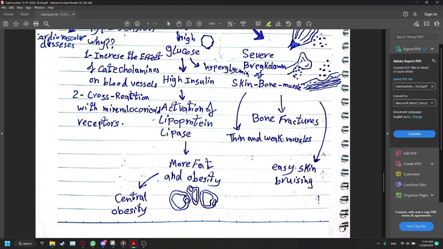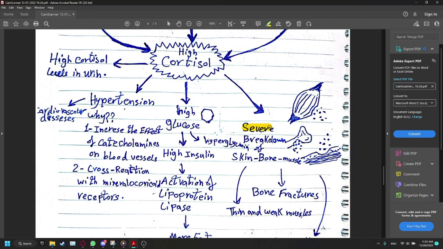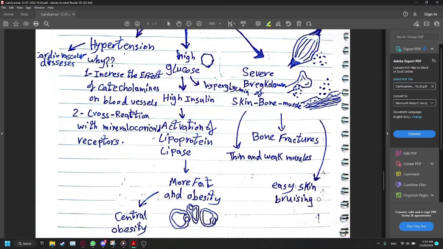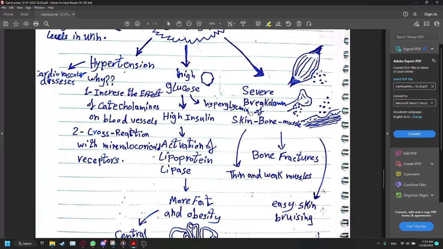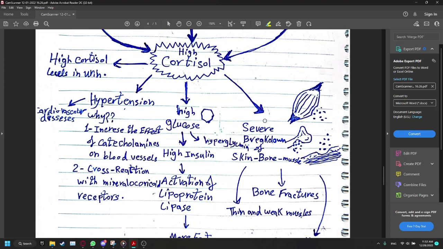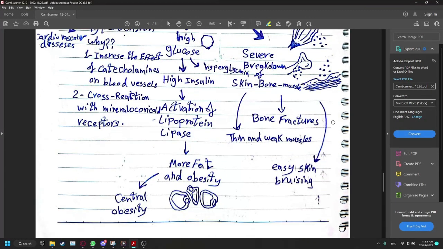Another thing is severe breakdown of the bones, which could even cause something like rickets and easy fracture of the bones, smaller muscles, and even skin changes. People with Cushing syndrome would lose their skin integrity, with easy skin bruising, as I said, bone fracture, and thin and weak muscle.